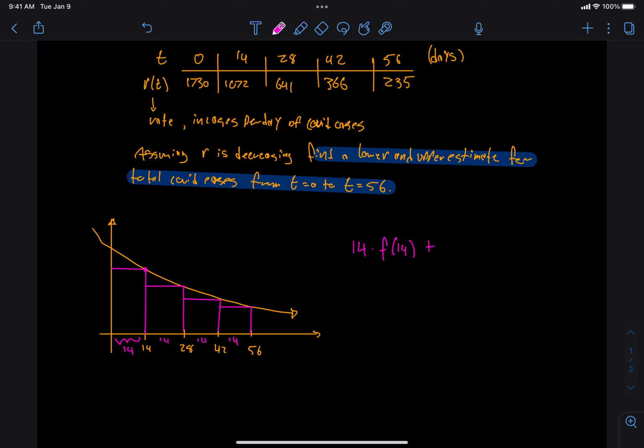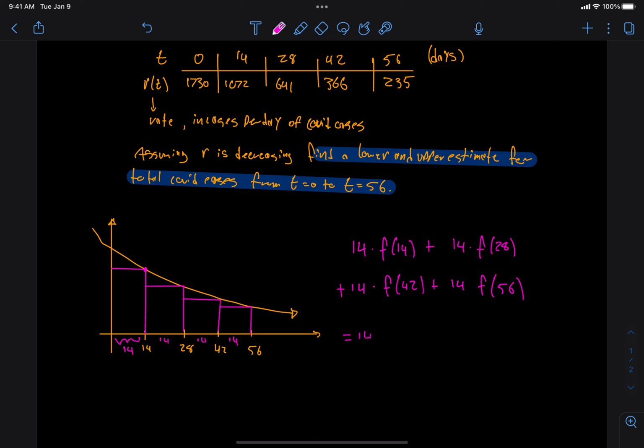And then we would add 14 times the height of the second rectangle, the height of the function at 28, so f of 28. And then plus 14 times f of 42. And then plus 14 times f of 56.